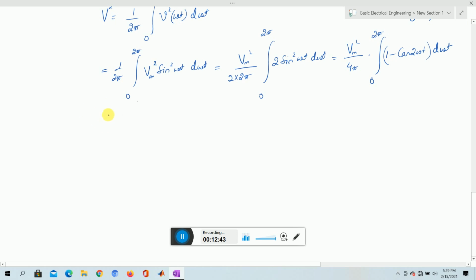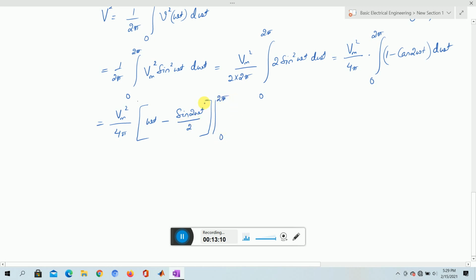Then we can rewrite this as Vm square by 4 pi, and after integration it will be omega t minus the integration of cos, which will be sine of 2 omega t, since 2 is a constant over here, so 2 will come down, and putting the limit 0 to 2 pi.